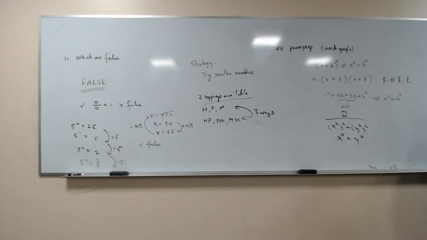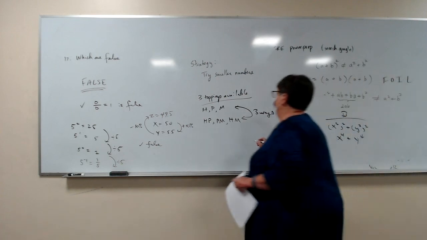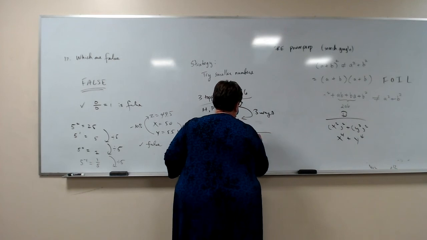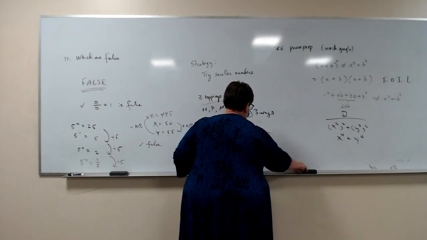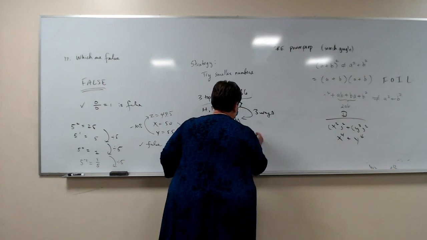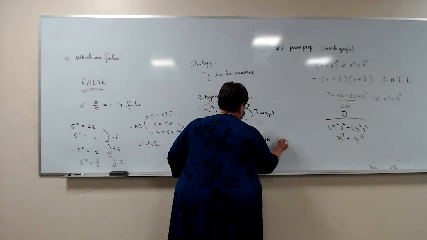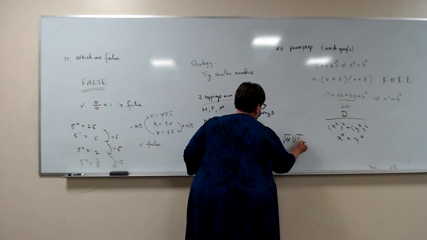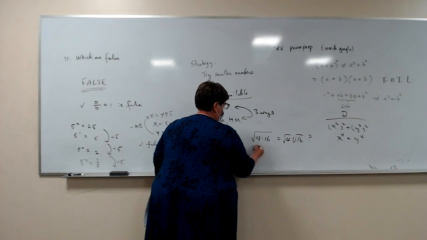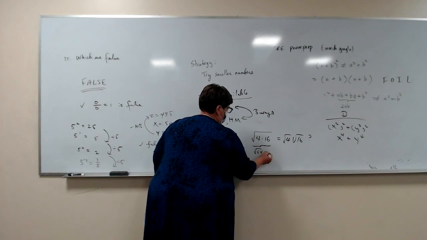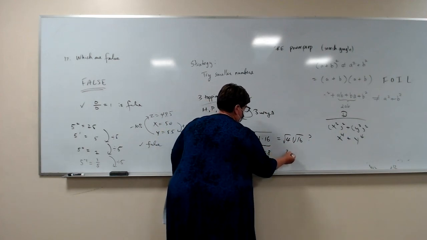And so you could try it with a little example. What about the square root of 2 times 8? Well, those aren't very nice numbers. How about 4 times 16? 64? 2 times 4?